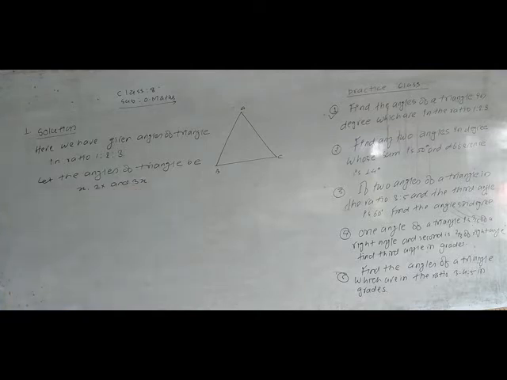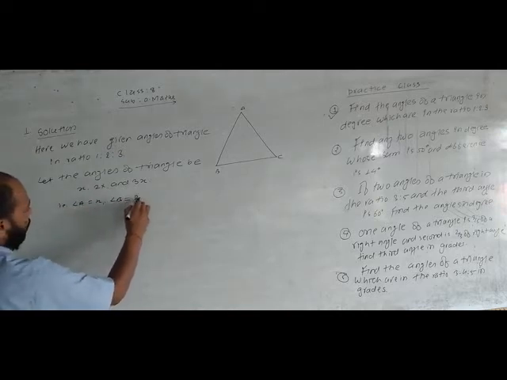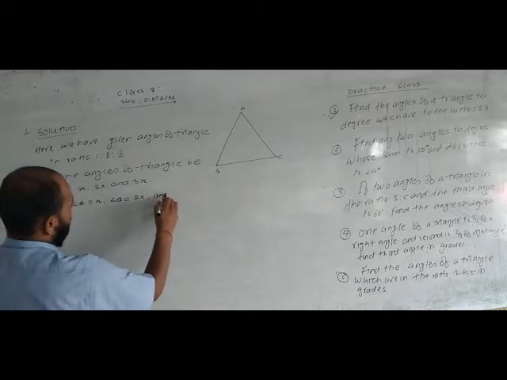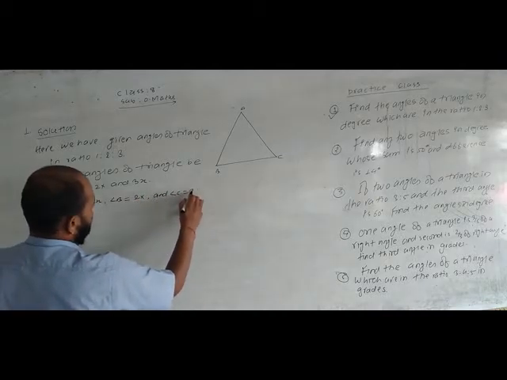Let the angles of the triangle be x, 2x and 3x. That is, angle A is equal to x, angle B is equal to 2x and angle C is equal to 3x.